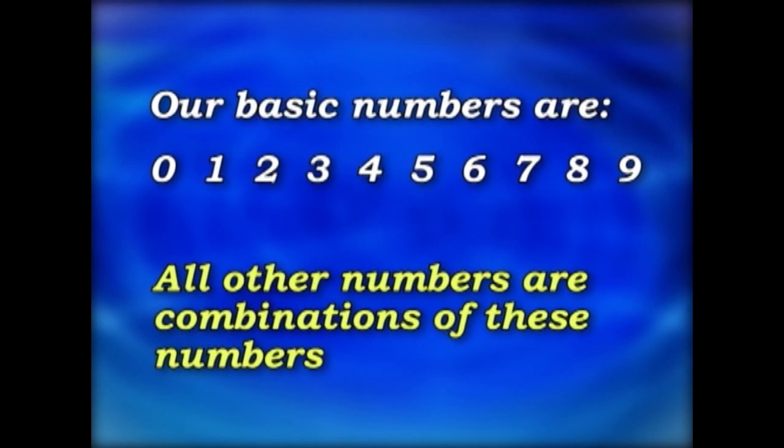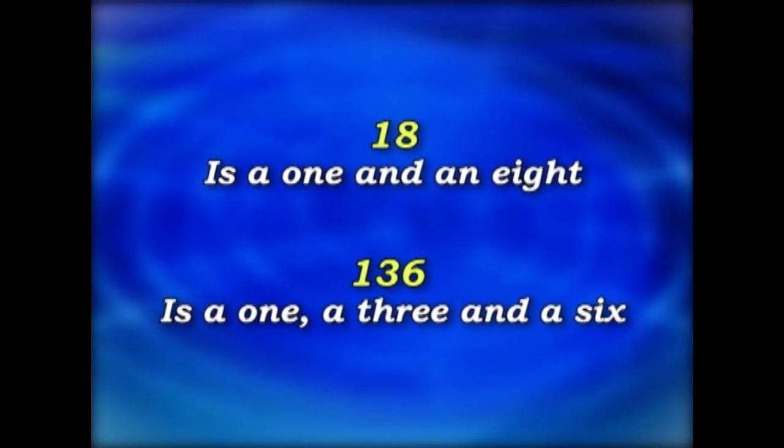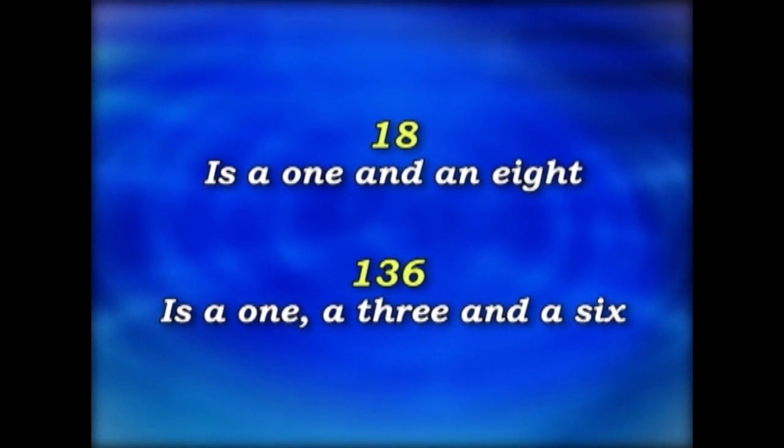Whatever number you can think of has to be a combination of these 10 numbers. 1 and 8, 18, is a 1 and an 8. 136 is a 1, a 3, and a 6. You may remember that once upon a time we talked about place values, and we'll be talking about them again.